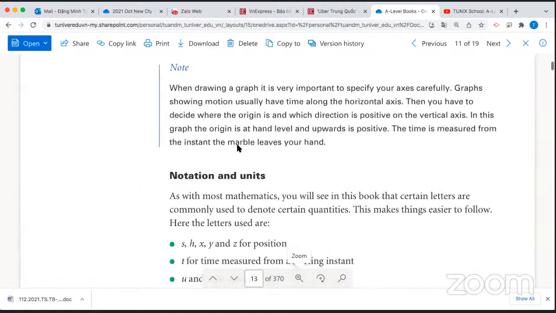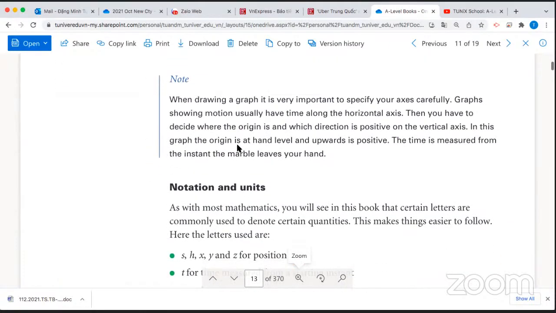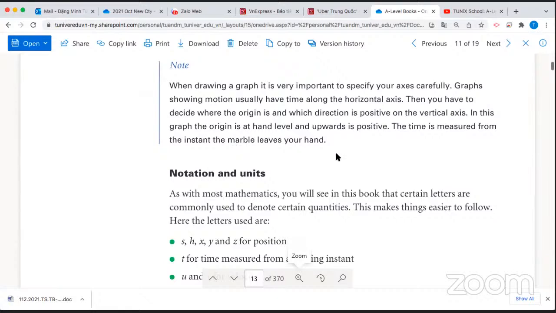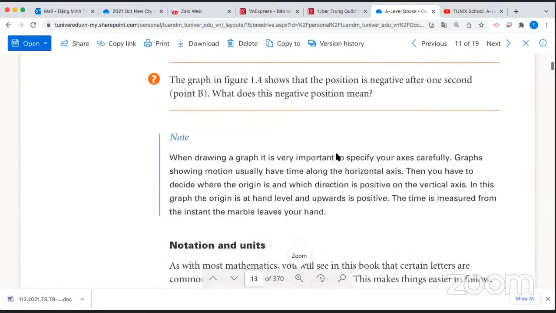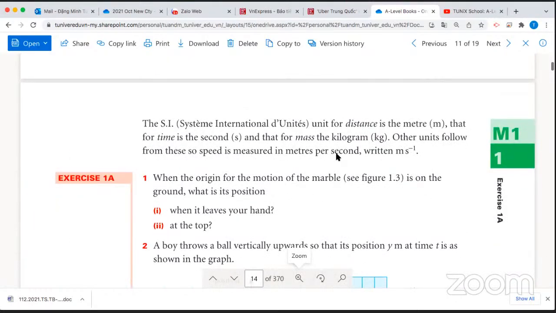So you know that in the physics world, mathematics world, they don't care about the unit, the system of the unit here, but the physics, they care about this one. The distance, meter, centimeter, kilometers, different.